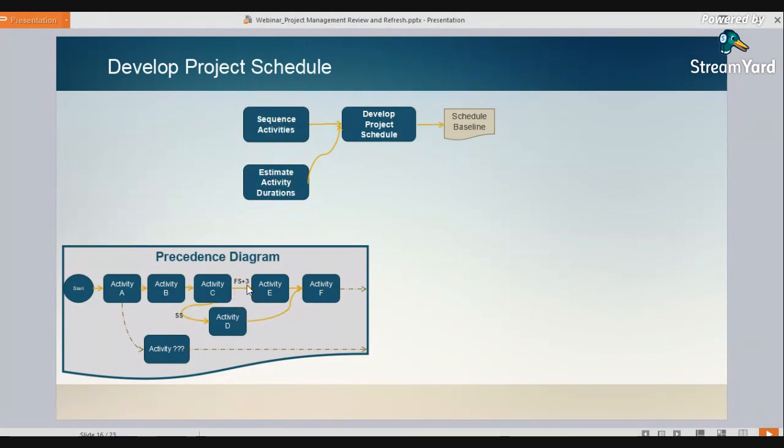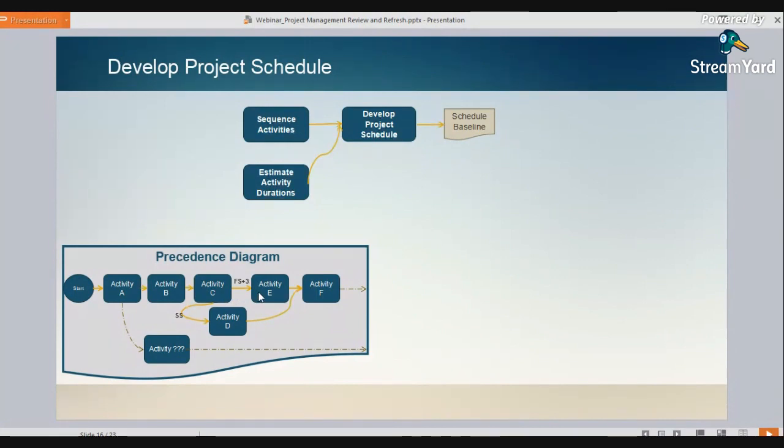We also have something called lags. We have leads, we have lags. In this case, activity E can begin when C is completed plus 3 days. I should say 3 units of time, but let's assume our units of time is days. So when activity C completes, E cannot start right away.